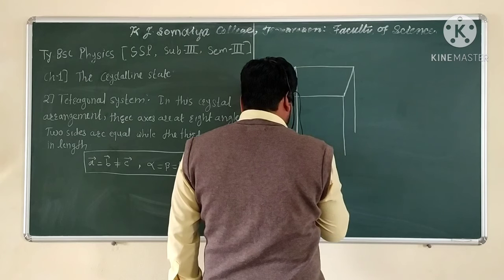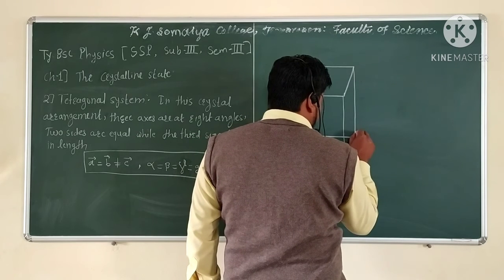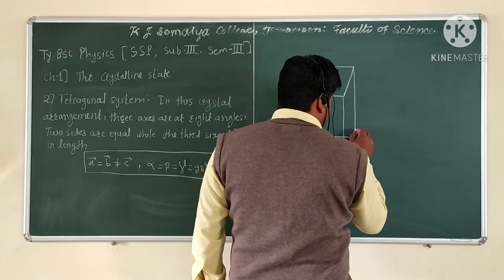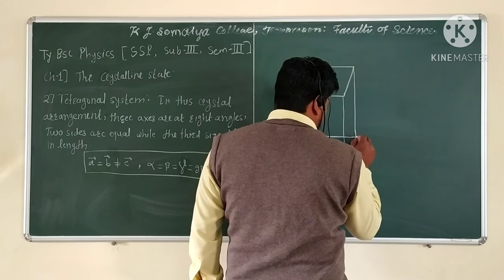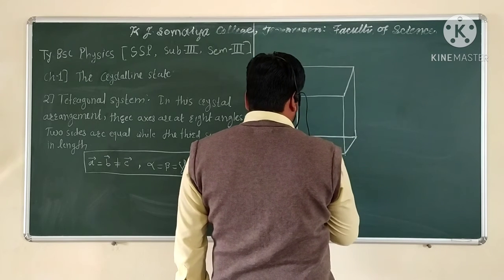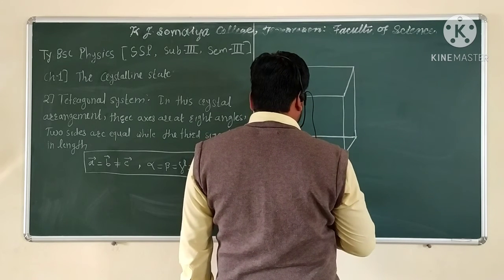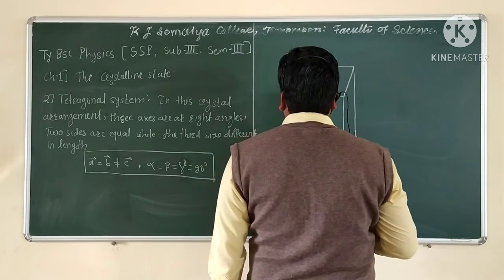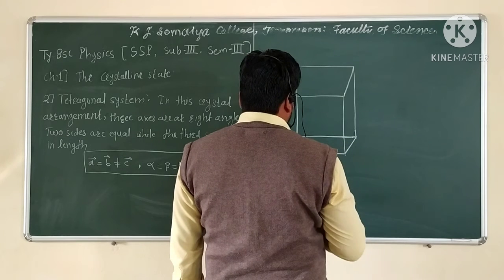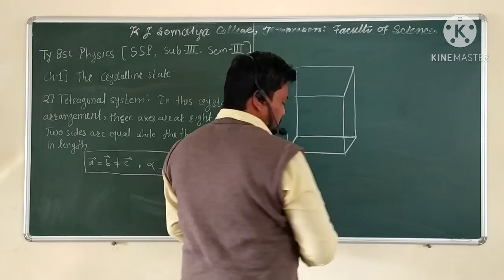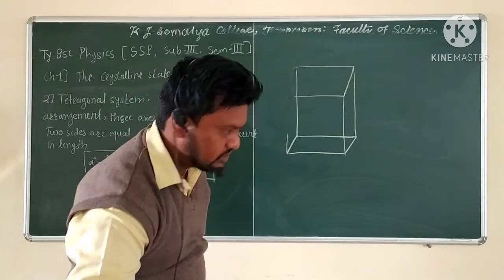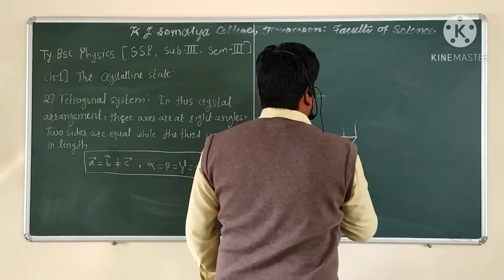So in this system we have to consider the main point, which is two vectors of the same length, that is vector a bar and b bar, which are the same, and the third side which is different from these vectors.